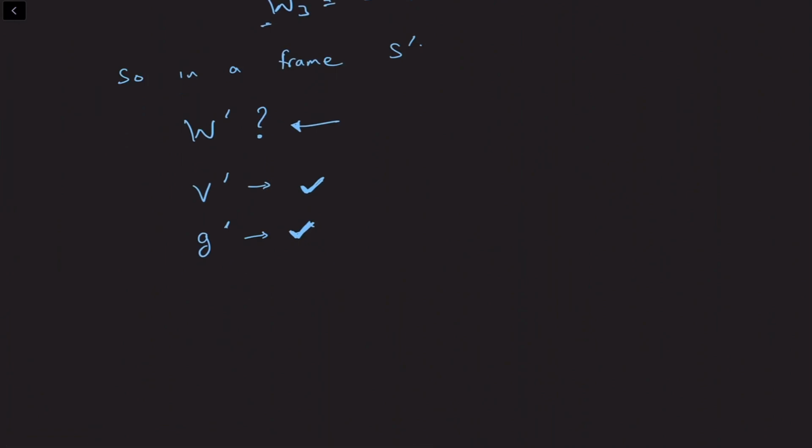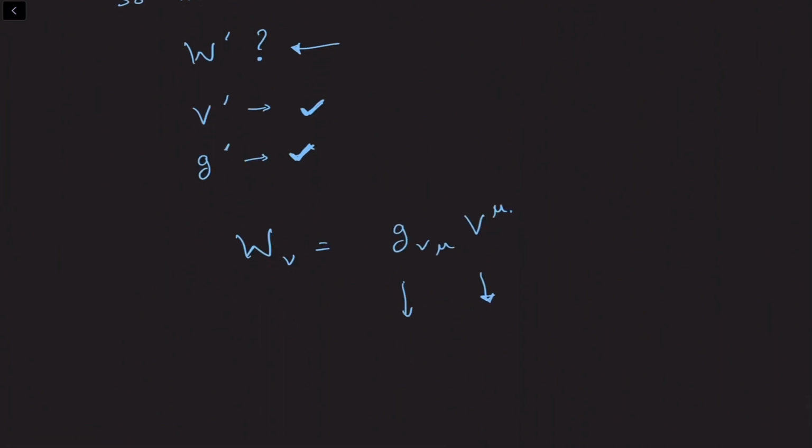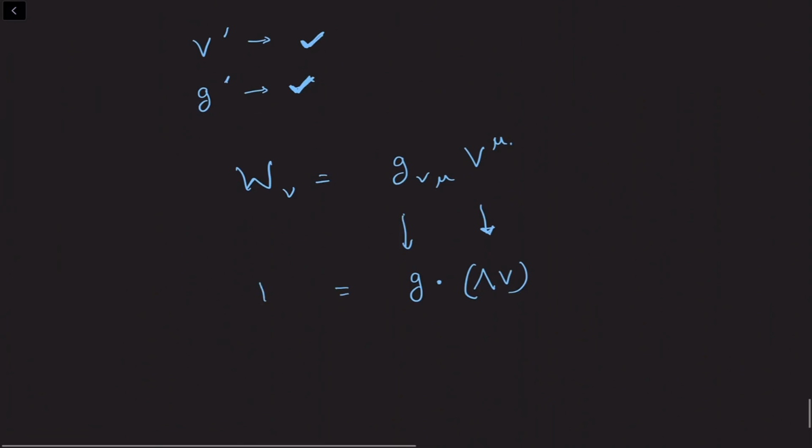So we had W nu is G nu mu V mu. Now if we make a transformation, let's transform both G and V. In matrix notation, V would become lambda V and G would just become G. And this would give us our W prime.